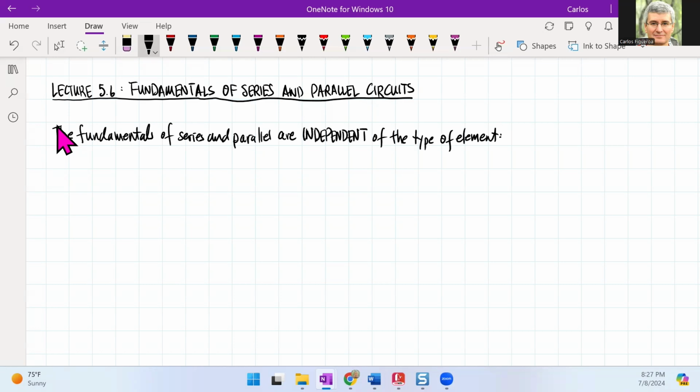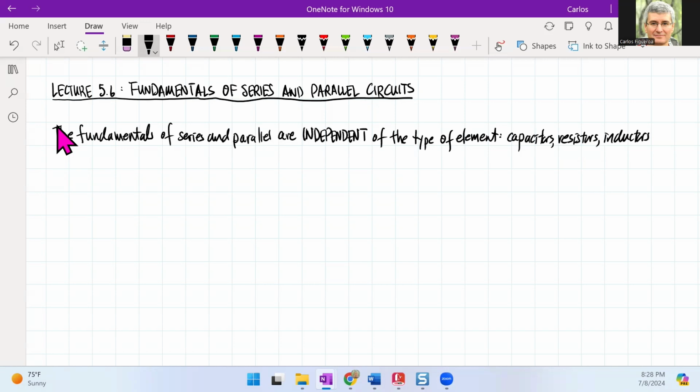That means it applies to capacitors, resistors, and inductors all the same. They each follow this process here.